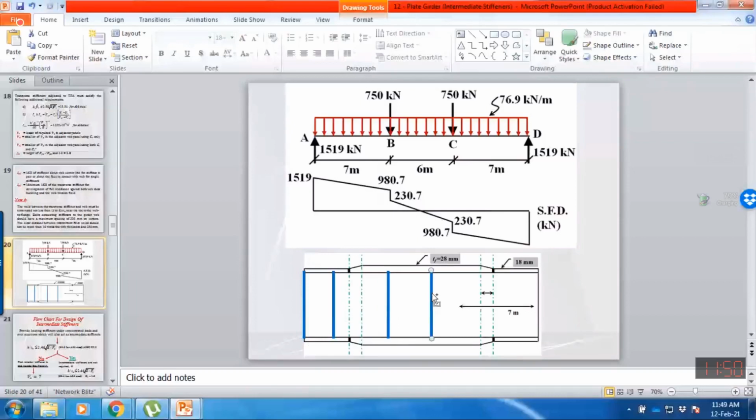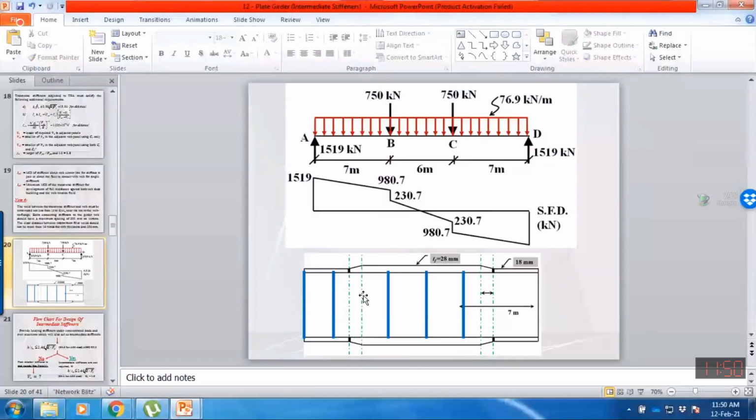What I want to explain, if I want to design this intermediate stiffener, this one. So this intermediate stiffener is having this web panel and also this web panel.